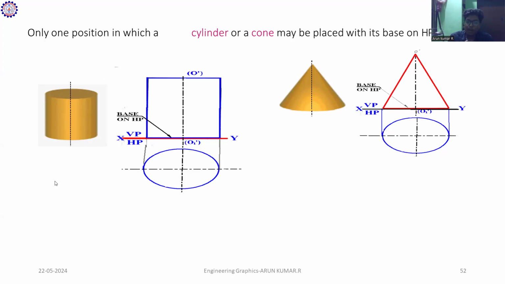Then construct the XY line, which is the reference line, always above the top view. We maintain a gap of 10 mm or 5 mm, depending on your conditions.